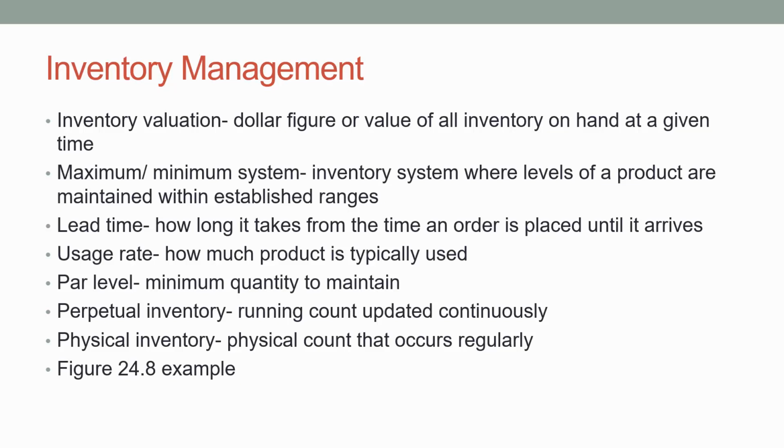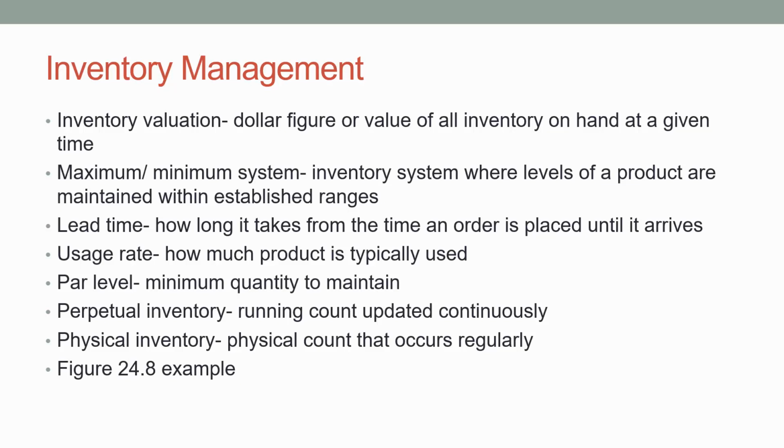So there's a minimum maximum system, and figure 24.7 gives you a little visual of this, looking at almost like a gas gauge example. But the minimum maximum system is an inventory system where levels are maintained within established ranges.